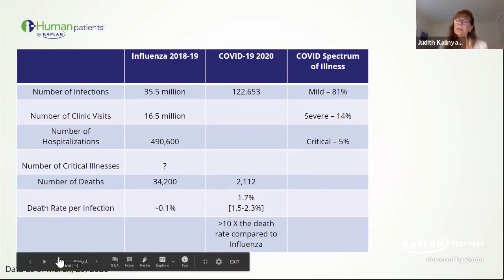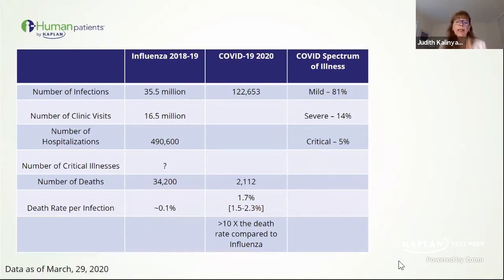And so sometimes people wonder, why are we so concerned about COVID? The real reason is the death rate is 10 times that of the death rate we find in influenza. The second reason is that in influenza, we have what's called herd immunity, where we've immunized the vast majority of the population. Thus, we're not going to have that rapid spread.